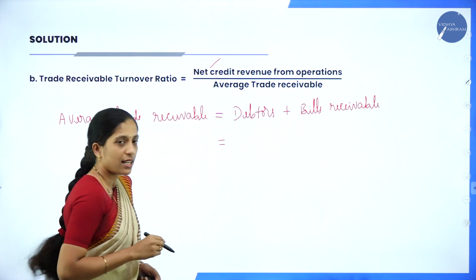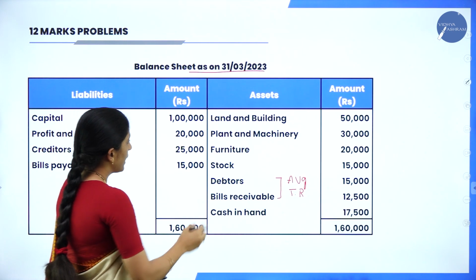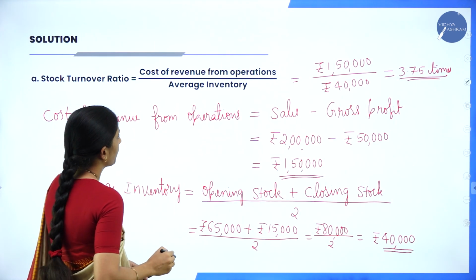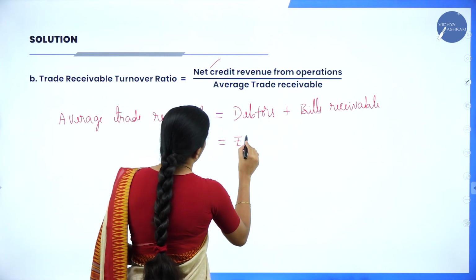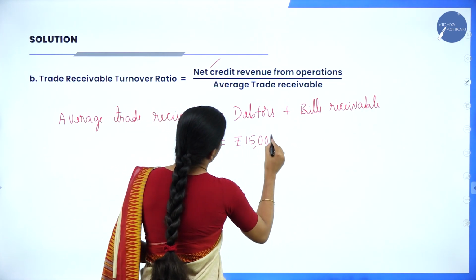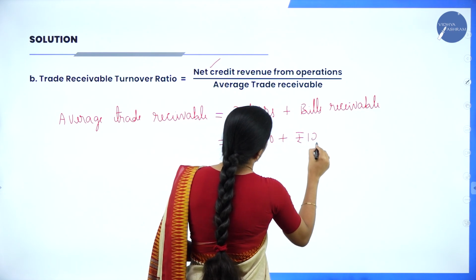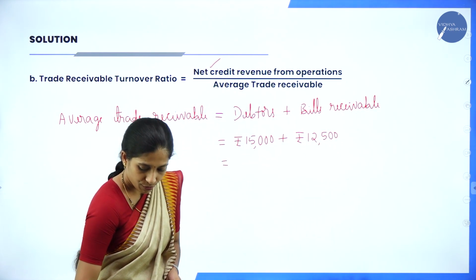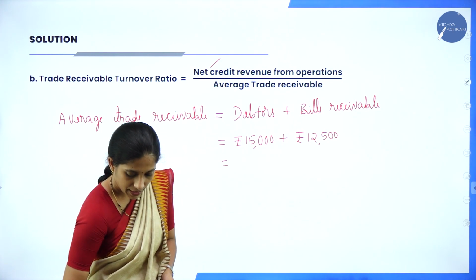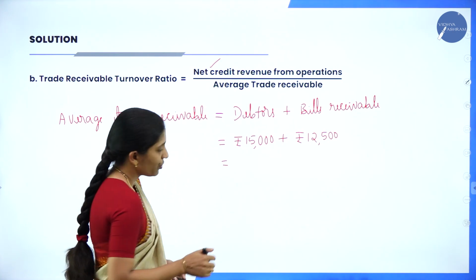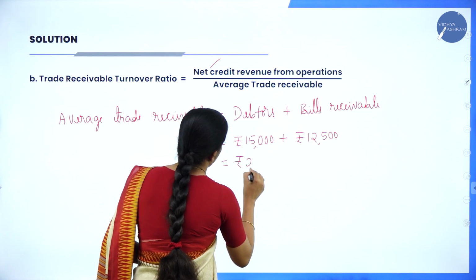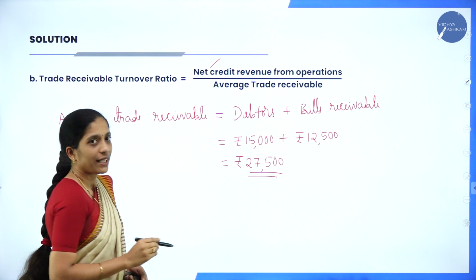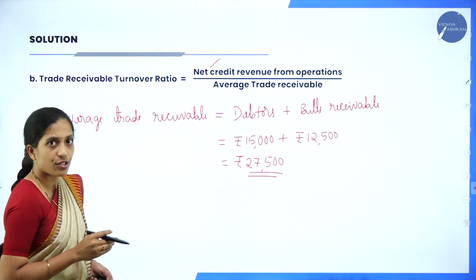Now how much is debtors? So it is rupees 15,000 plus rupees 12,500. So that will be 27,500.